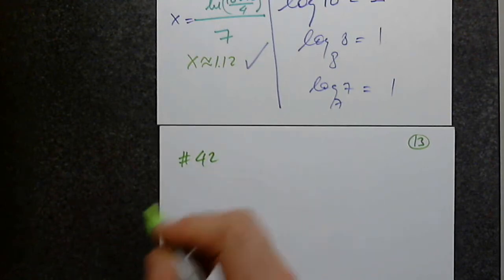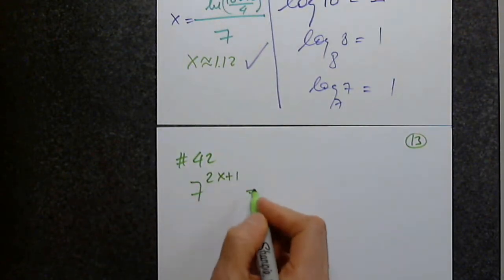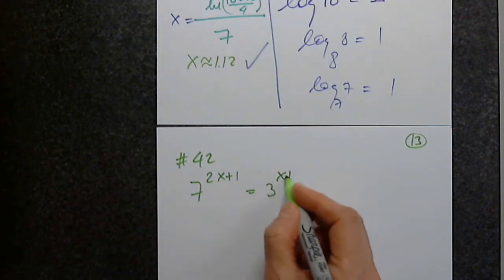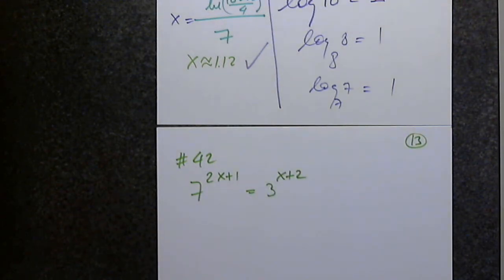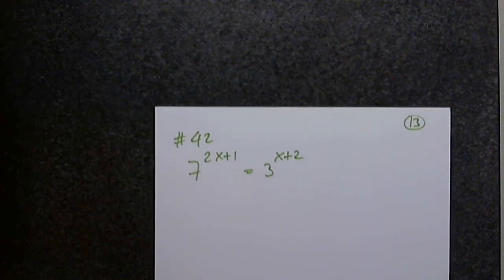So 42. 7 raised to 2x plus 1 equals 3 raised to x plus 2. Question. Can I present 7 and 3 with the same base? Never. Okay, perfect. So what is my only hope? Put it as a log.